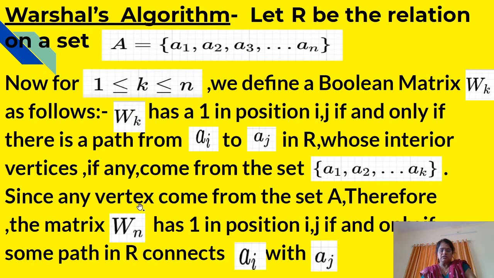Since any vertex comes from the set A, the matrix Wn has a 1 in position i, j if and only if some path in R connects Ai with Aj.